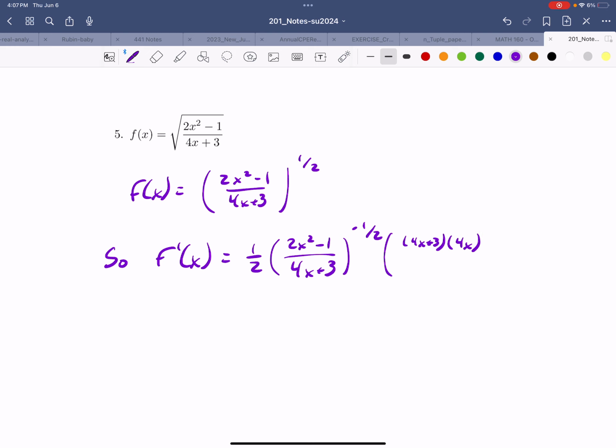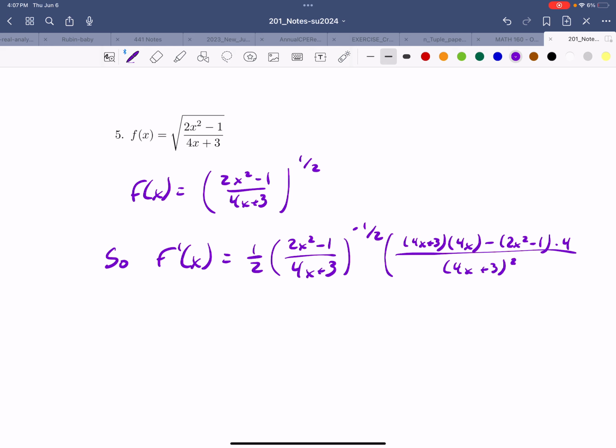Right, low d high minus high d low all over low squared. We could simplify that top a little bit. Yeah, let's do it. We've got some time, right?